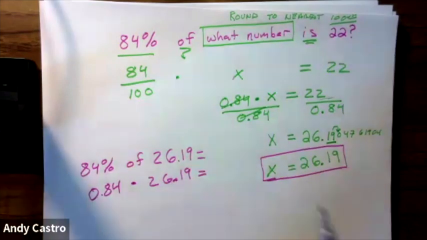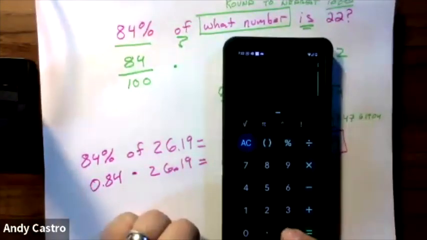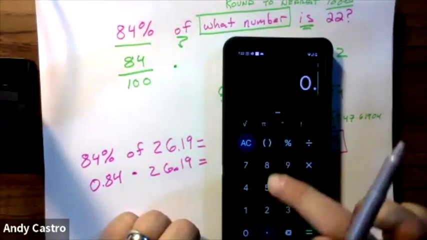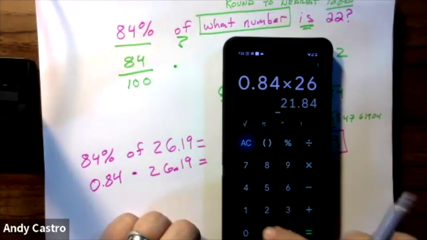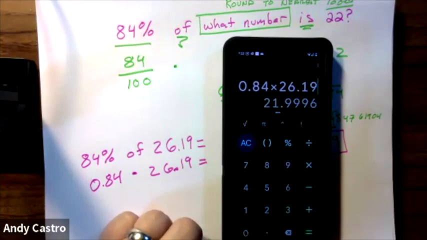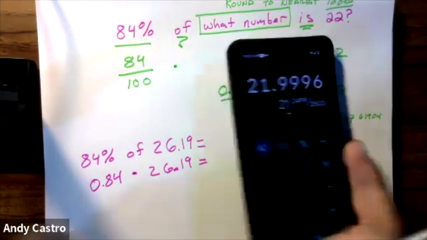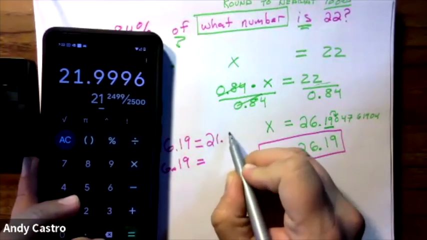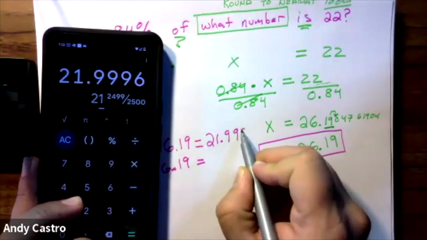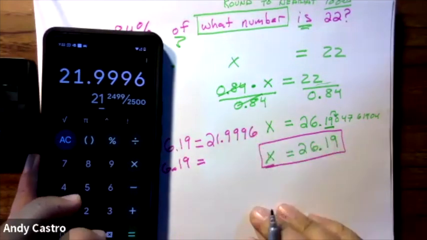So let's check. Going to put 0.84 times 26.19. That's equal to 21.9996.